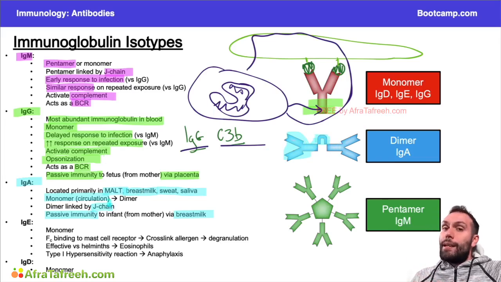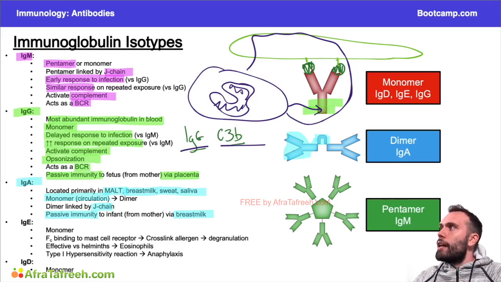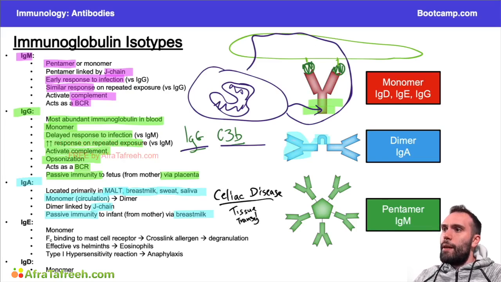These IgA antibodies don't activate complement. And one big pathology you'll see IgA come up a lot in, and there's a few of them, but this is one of the big ones, is celiac disease. The thing that sometimes gets asked about in celiac disease, the classic antibody that you want to be familiar with, is tissue transglutaminase, and sometimes they'll just write it as TTG.